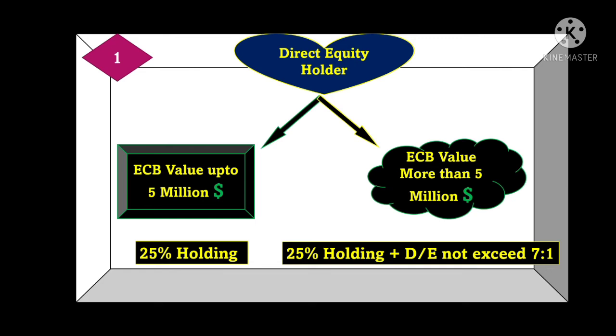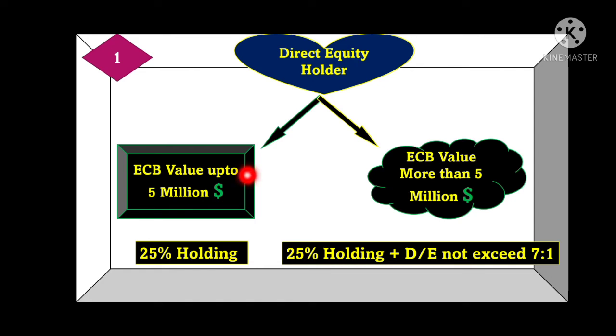If I am a borrower, I am applying for an ECB transaction, and the value of the transaction is within $5 million, then the overseas lender, the foreign equity holder, should maintain a minimum 25% holding in my company, the borrowing company.